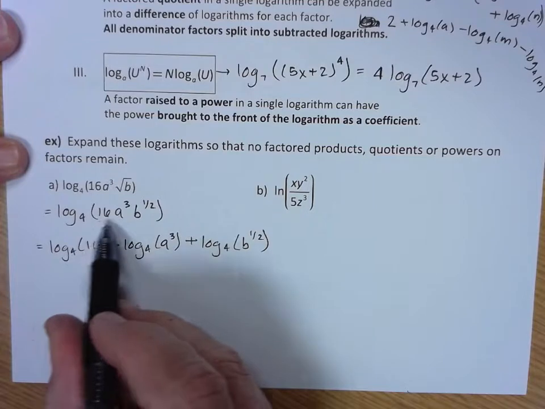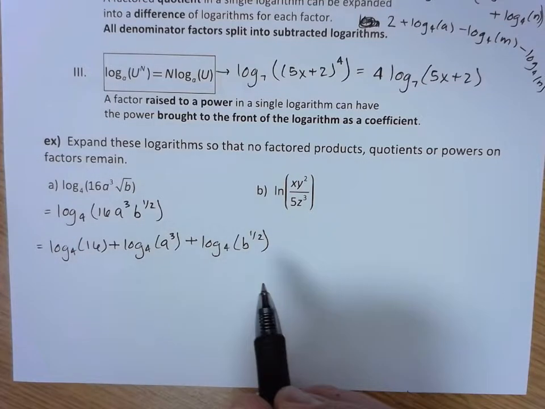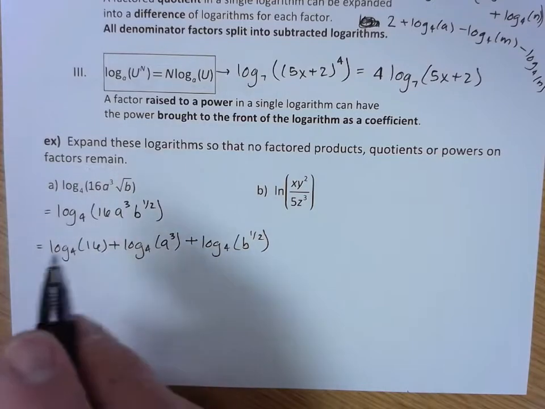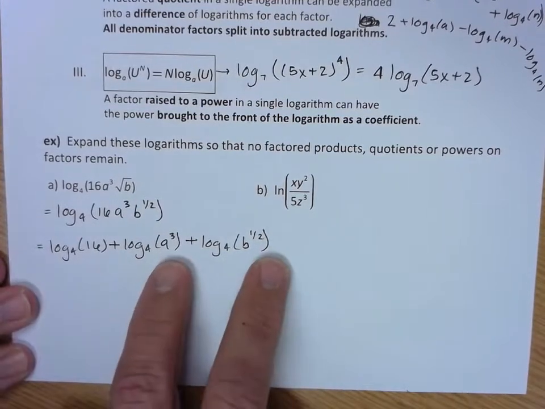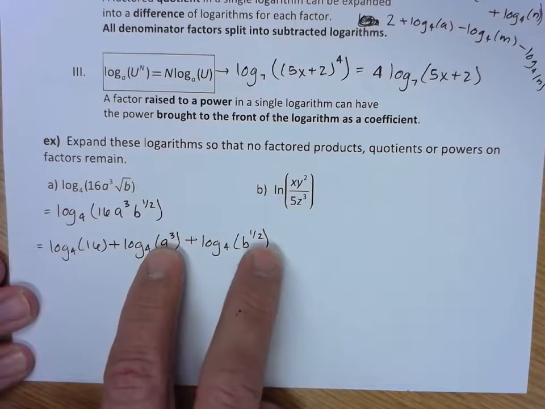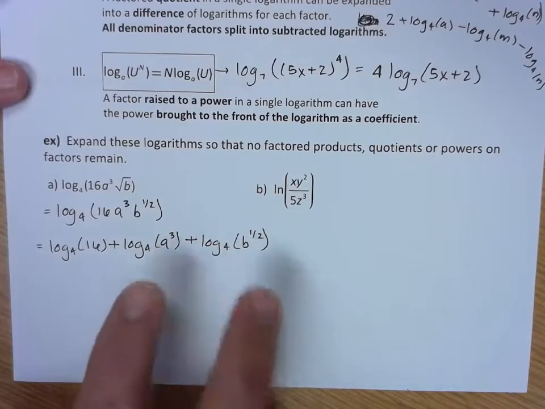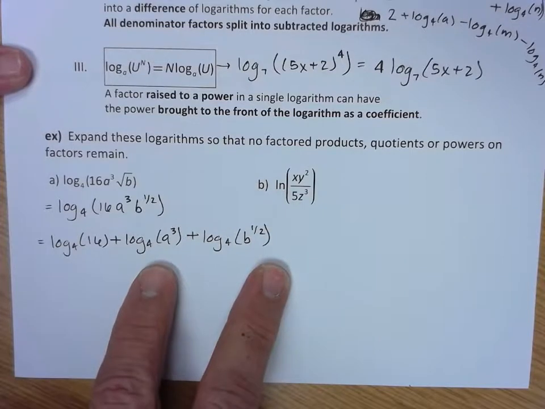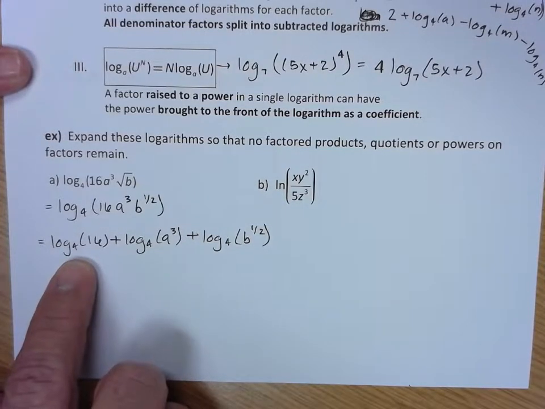I've taken the factors and written one logarithm for each, but then you want to use all the properties so that no exponents or powers on your factors remain. So I can use the third property here to bring the cube and the 1/2 power to the front as coefficients. But again, those will only apply to those 2 logarithms after you've expanded it. Now notice there's a log base 4 of 16.